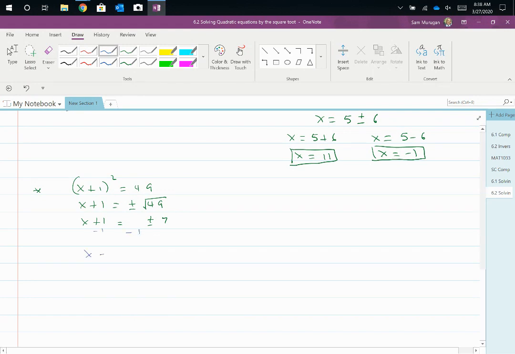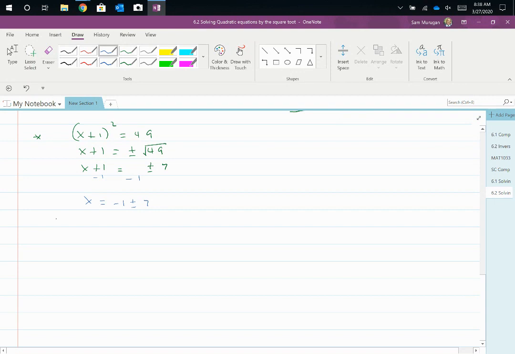So x is equal to negative 1 plus or minus 7. Giving us, again, two solutions, negative 1 plus 7 and negative 1 minus 7. x is equal to 6. And x is equal to negative 8.